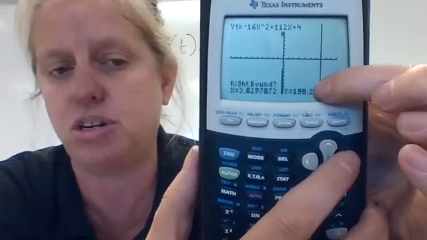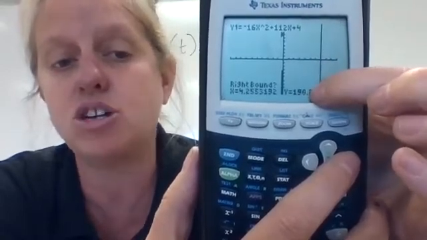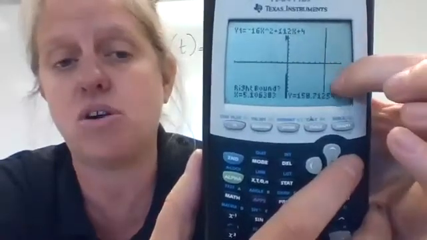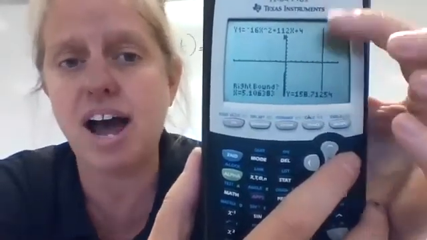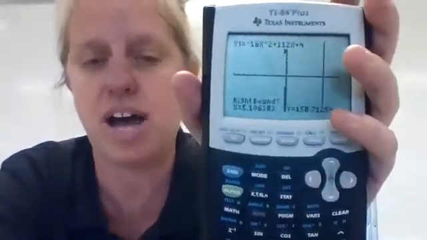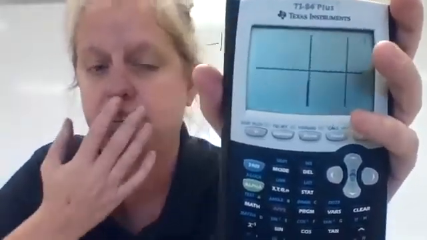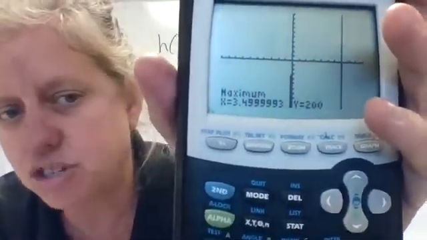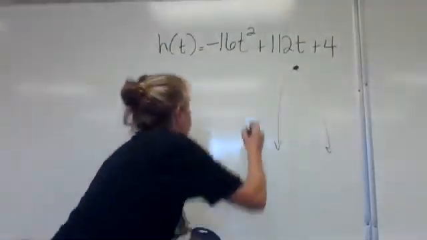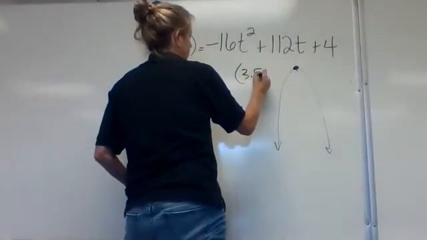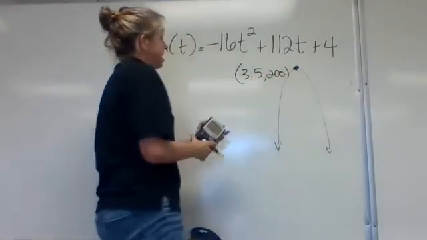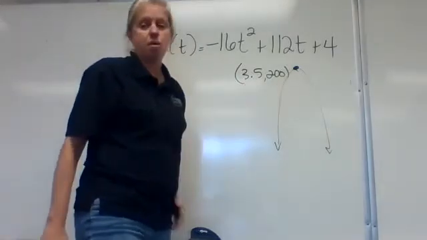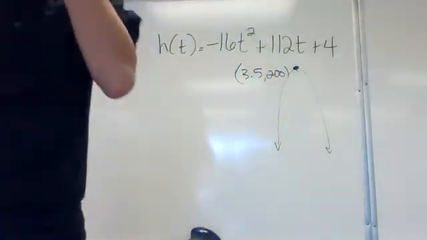Okay, now the y values are going down, which means even though I don't see my cursor over here, I know that I have passed through that maximum. So I can go ahead and hit the enter button twice. So here's what the vertex is, 3.5, 200. Which means it took 3.5 seconds to reach the maximum height of 200.